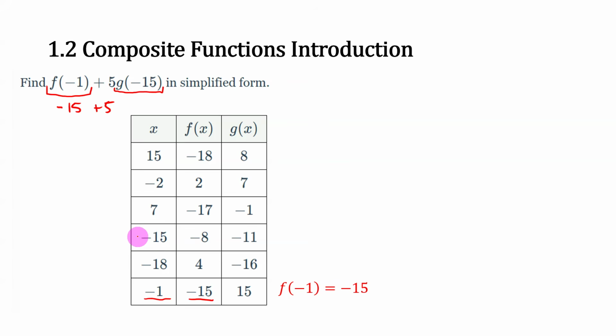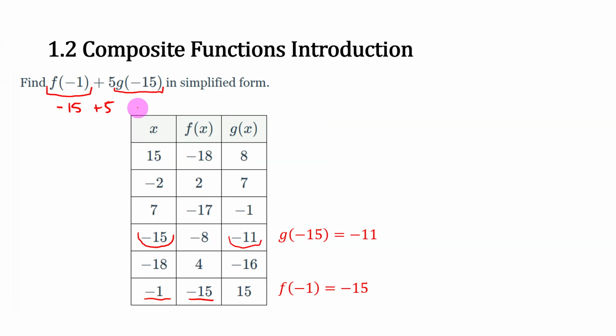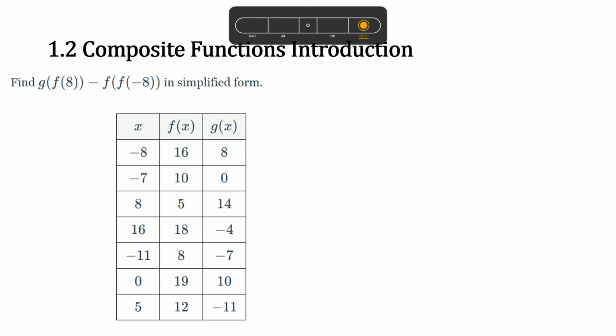So I put in negative 15 for x, and I do the g function, and I get out negative 11. So that's all I'm computing. I'll get negative 15 minus 55, negative 70.